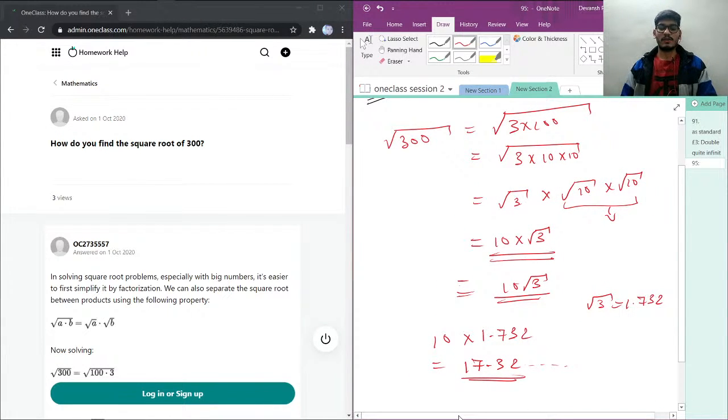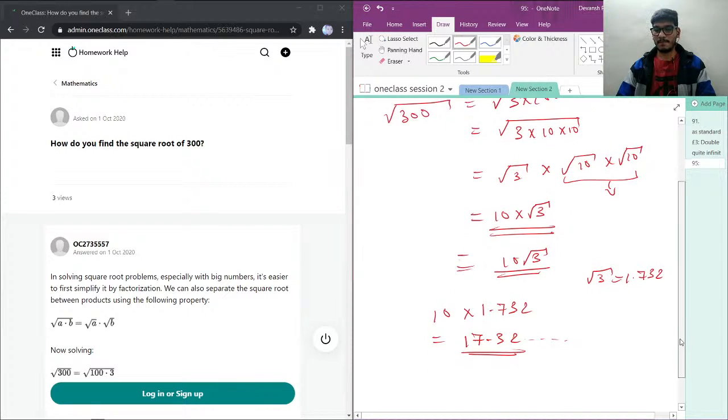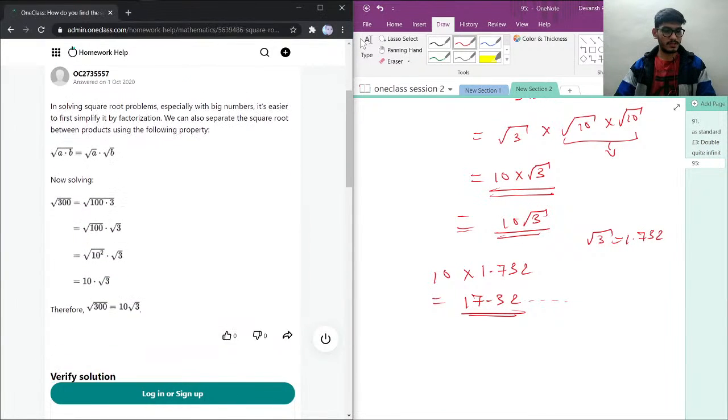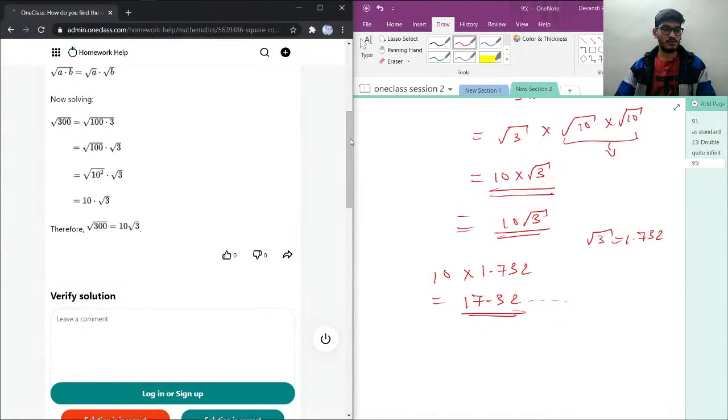So if you have a calculator, you can write the exact solution, or if you do not have the calculator and just want to simplify it, then you can write it as 10 root 3. Yep, so 10 root 3 is the correct answer.